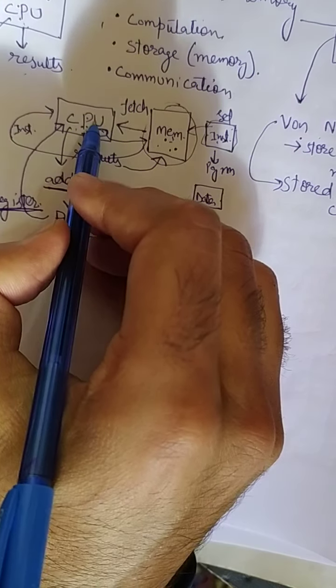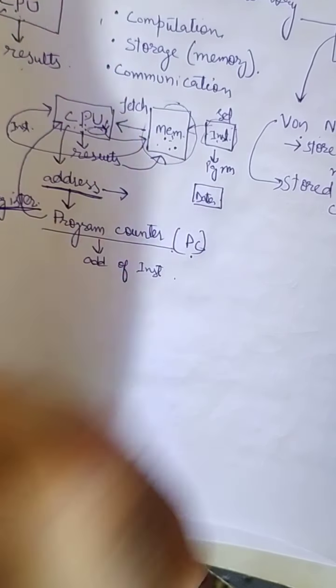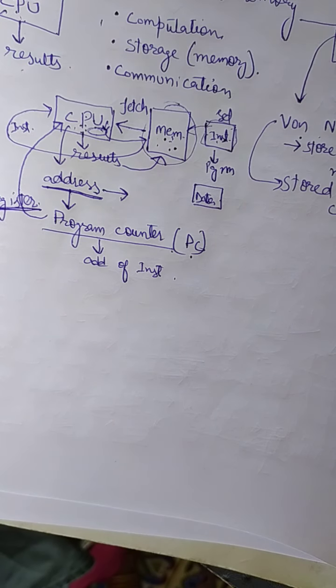After executing the instruction, it will update the program counter. So the new value in the program counter will be the address of the next instruction that is to be executed. So the program counter is a special register inside a CPU that stores the address of the memory location where our instruction is located.